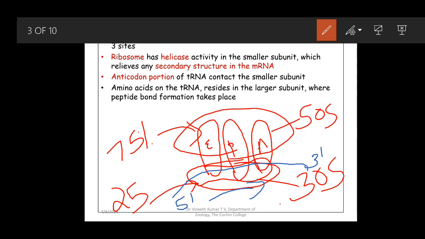The significance of the helicase activity is that sometimes, as we said earlier in transcription, if there are complementary sequences in the mRNA, that means if there are G's and C's close together, there are chances that such loops might be present in the mRNA. To avoid such loops, the mRNA should be inserted into the ribosome for translation to occur.